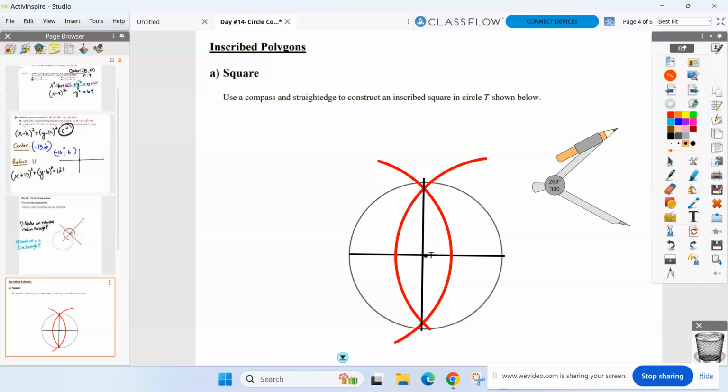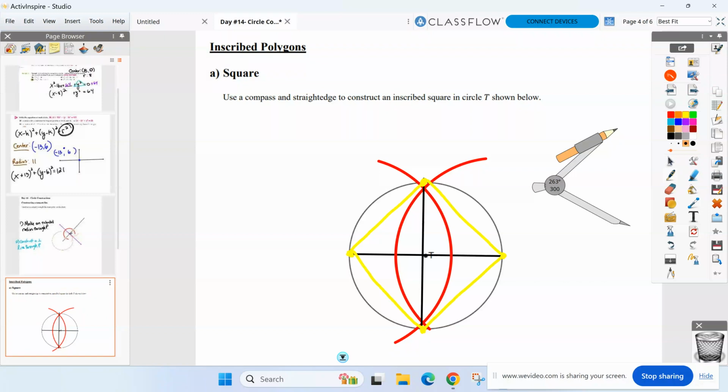Last thing I need to do, where are my chords? I need four congruent. Now that I got four congruent arcs, where are my chords? Grab your straight edge, right? Connect them. Boom. One, two, three, four. Let's make that inscribed square. We guaranteed that all four arcs are congruent.